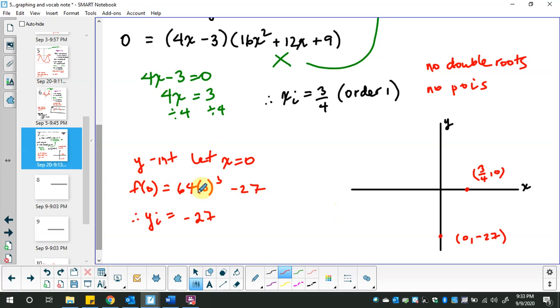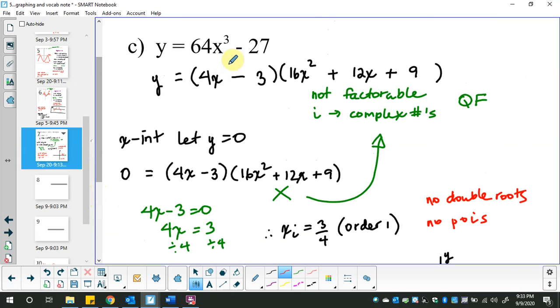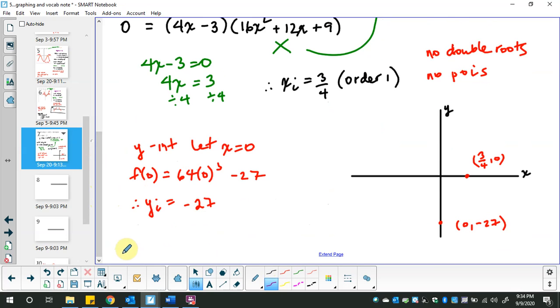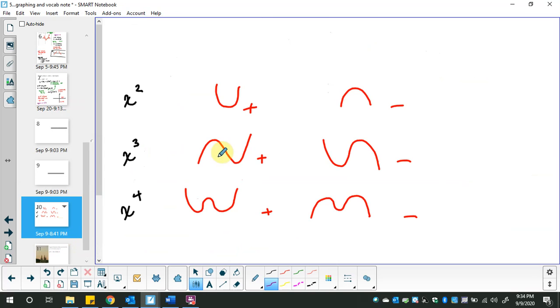Now, this is a degree 3, and it's a positive degree 3. So you should remember what a positive degree 3 looks like.